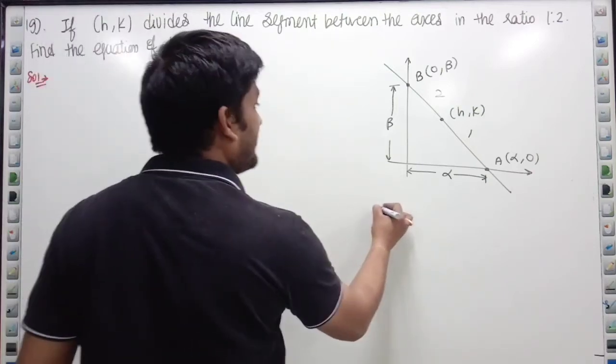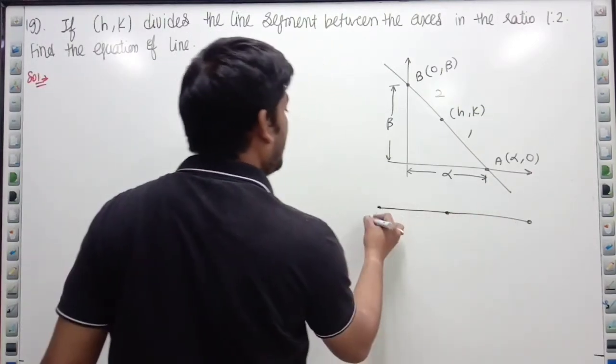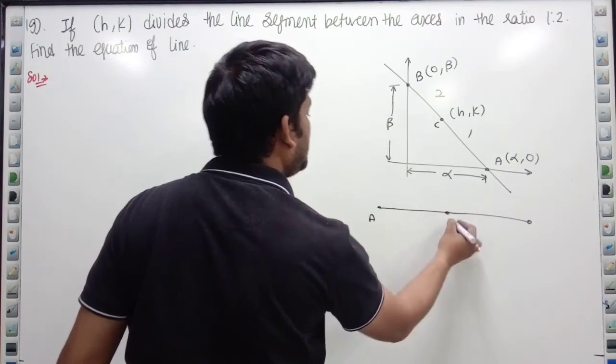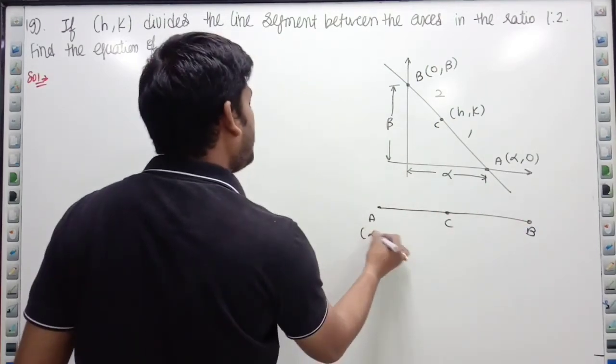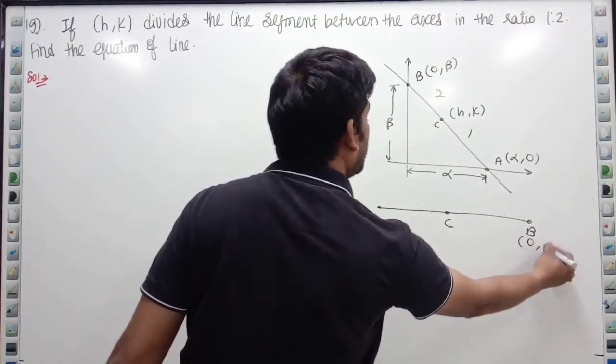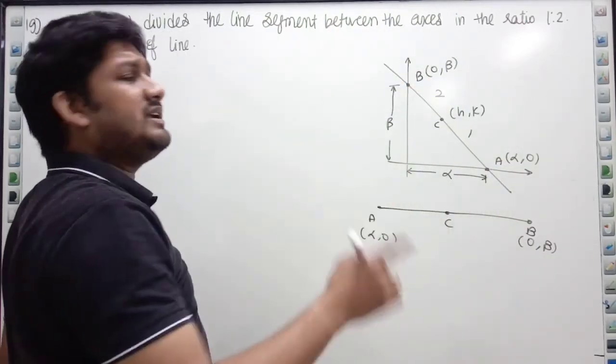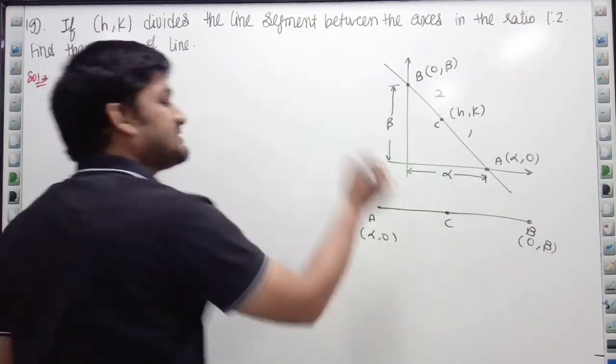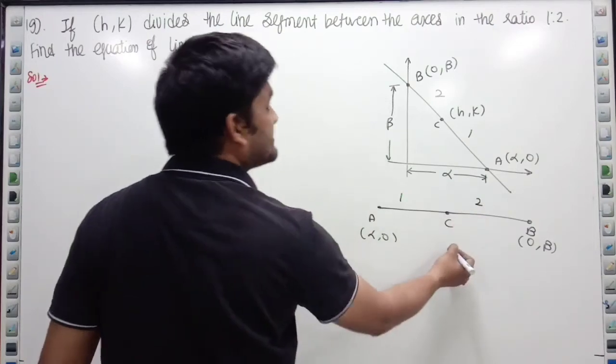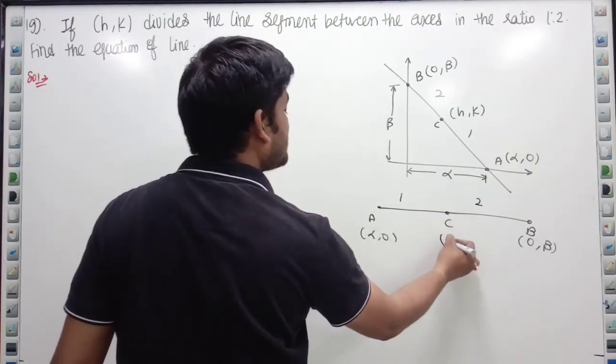Means if I draw the line, A, this is C, B, this is alpha 0, this is 0 beta. When 1:2 is given, on the x-axis side 1, y-axis side 2. Remember this. This is h comma k.